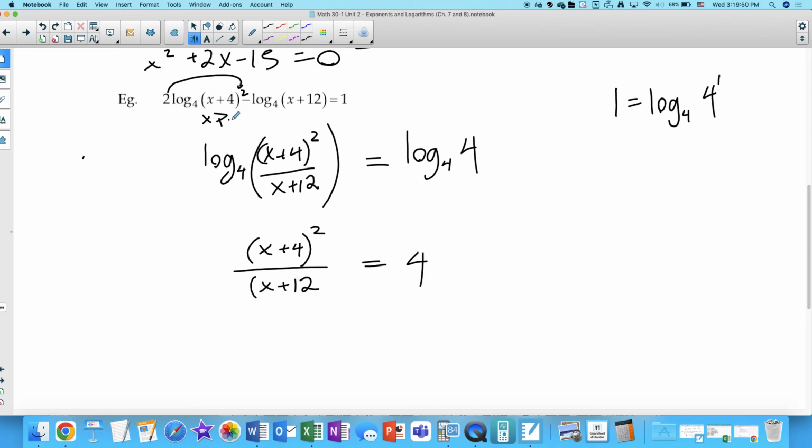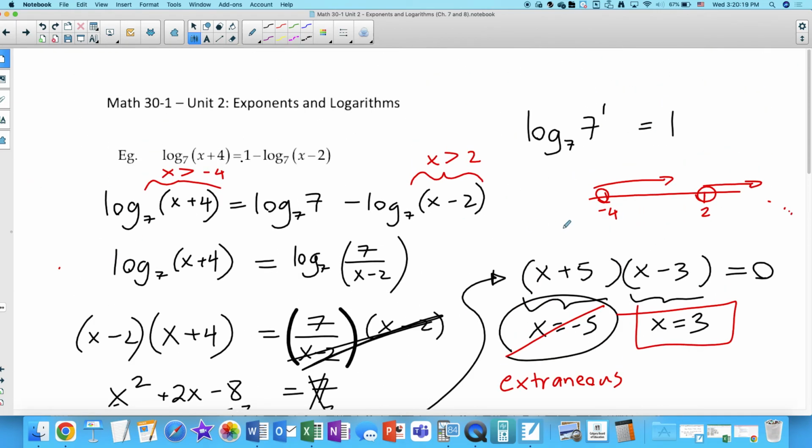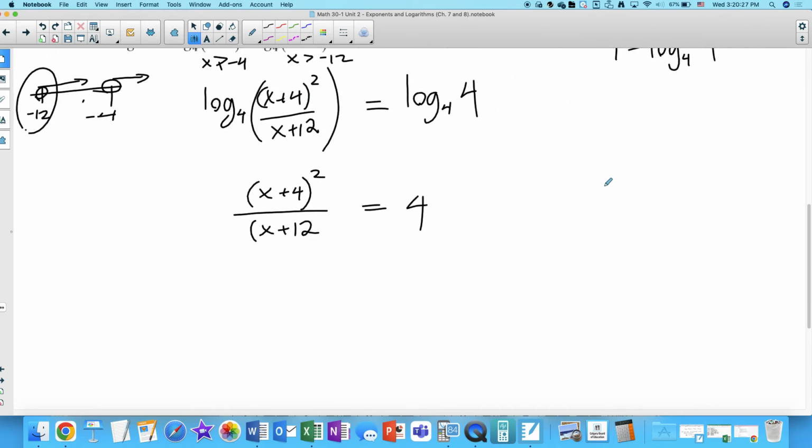So if you think about what covers more of the number line, yeah, it's this guy. In fact, you know what? I screwed up on the last one, didn't I? I did. This is the overall restriction. Yeah, that's right. Sorry, that was my bad. This one covers more of the number line. So this is the restriction. Whatever we get has to be bigger than -12.